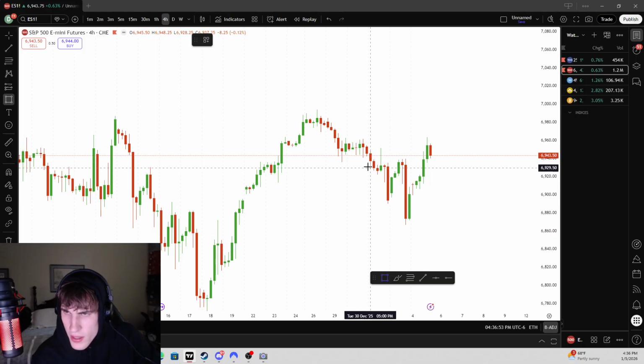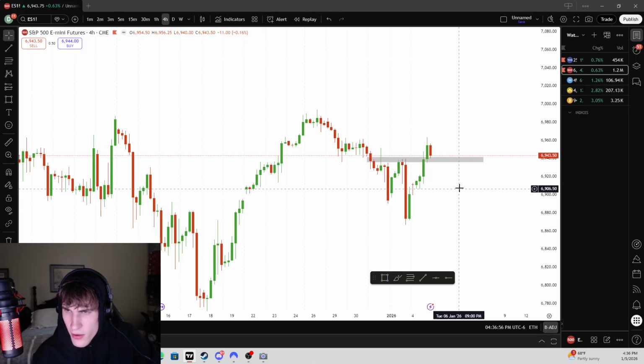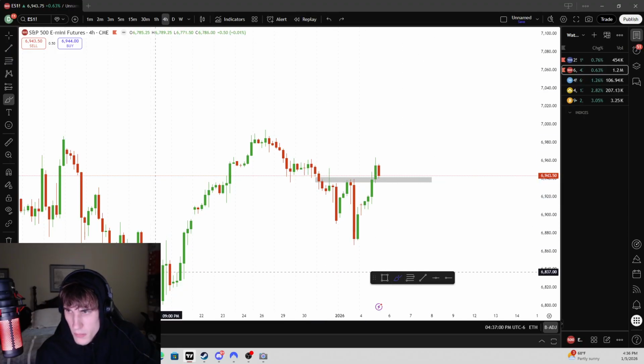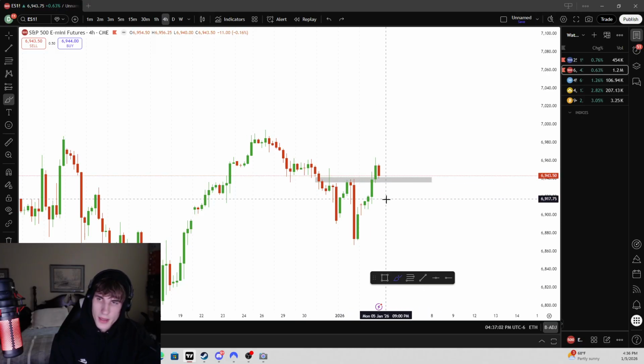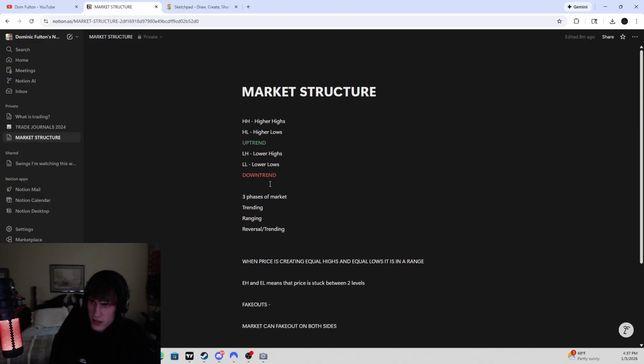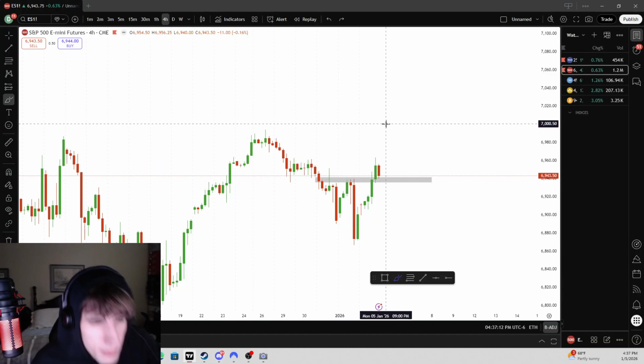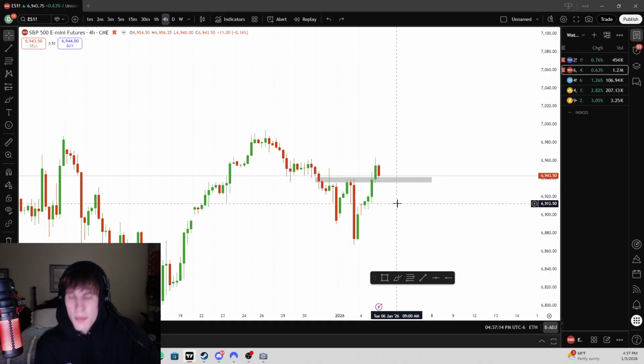Right now, we knew that we were bullish because price held above this level again, okay? What anything else I need to go over for market structure? Let's see. I went over higher highs. Okay, I'll go over a little more examples in the next video, but this is basically all you need to know about market structure.